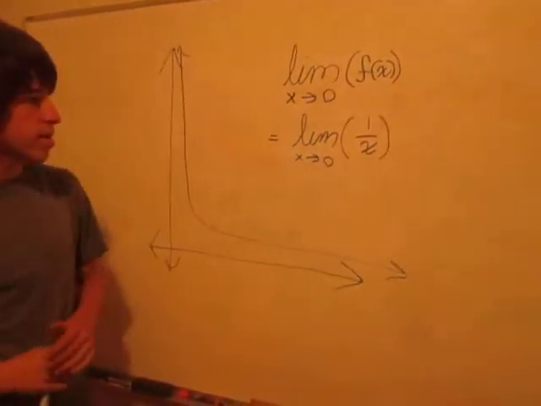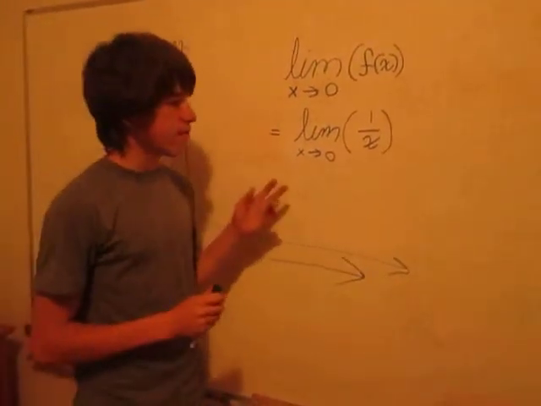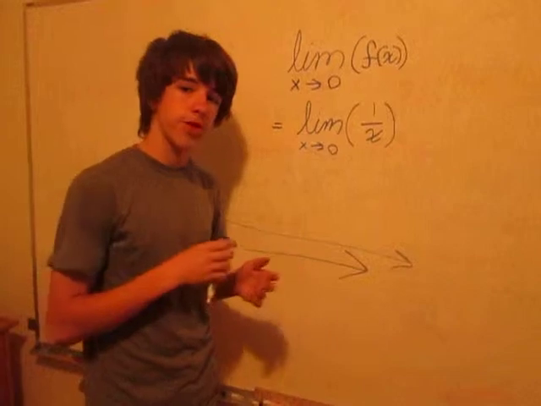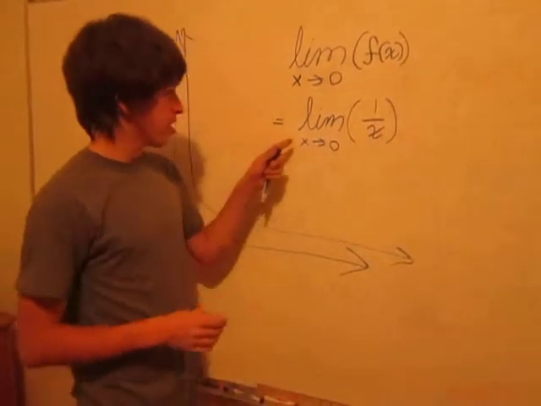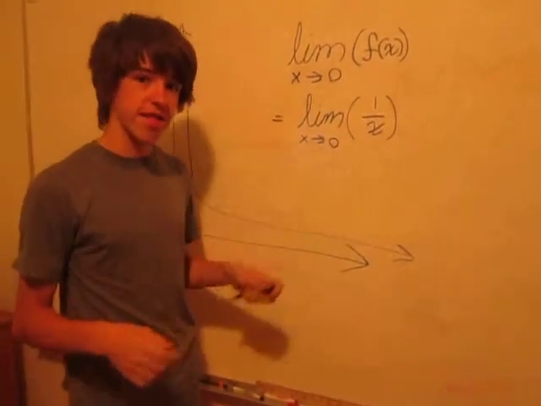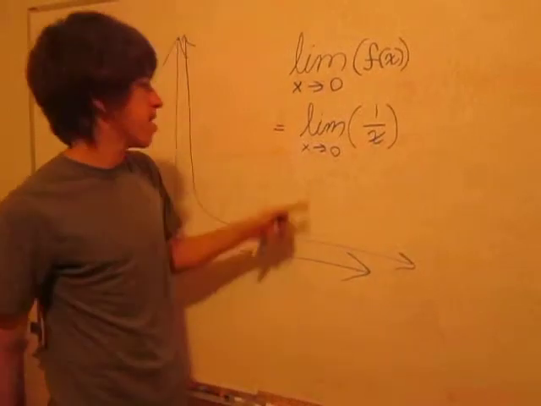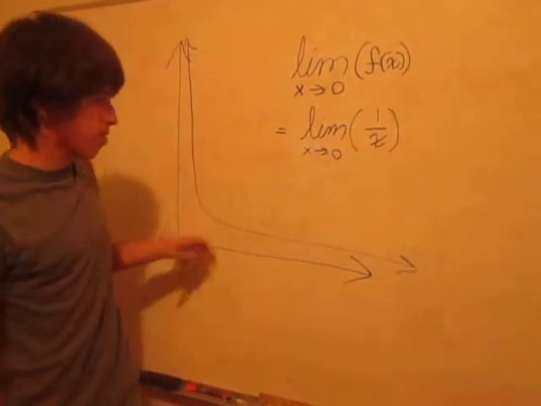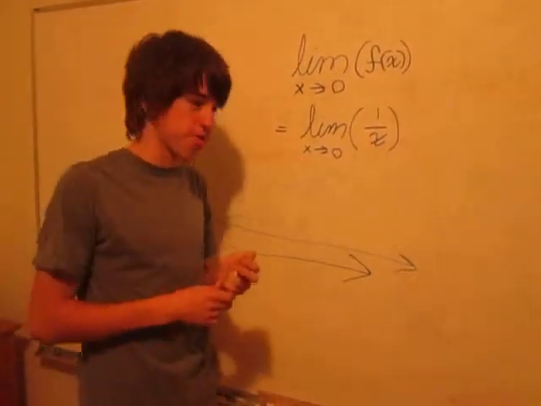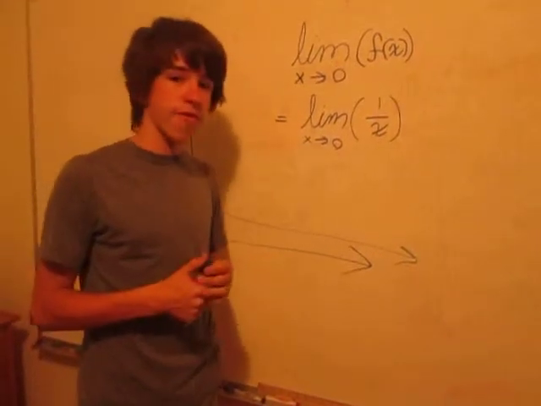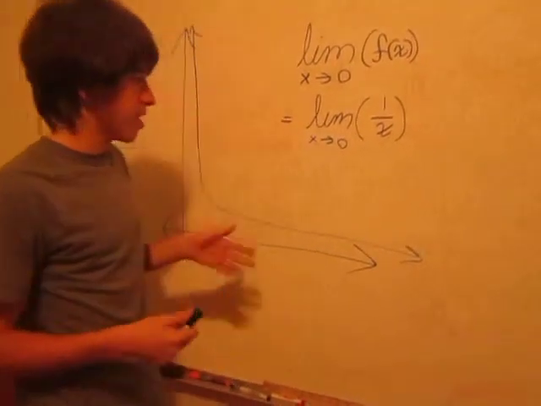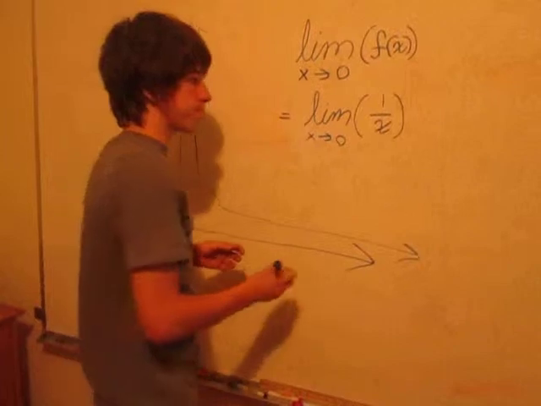Now, a limit is basically thinking of what value does a function approach as the value you're looking at gets to the value you want it to be. So as x gets closer to 0, what does f of x get closer to? And that doesn't mean it will ever reach it, but what does it get closer to?